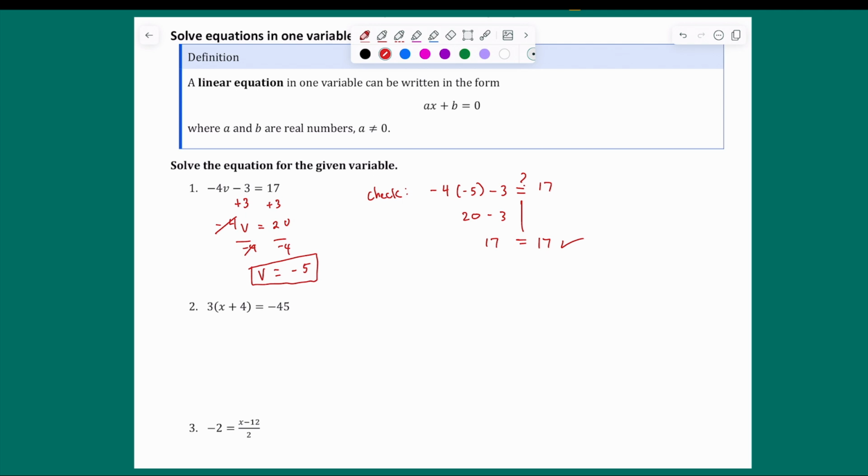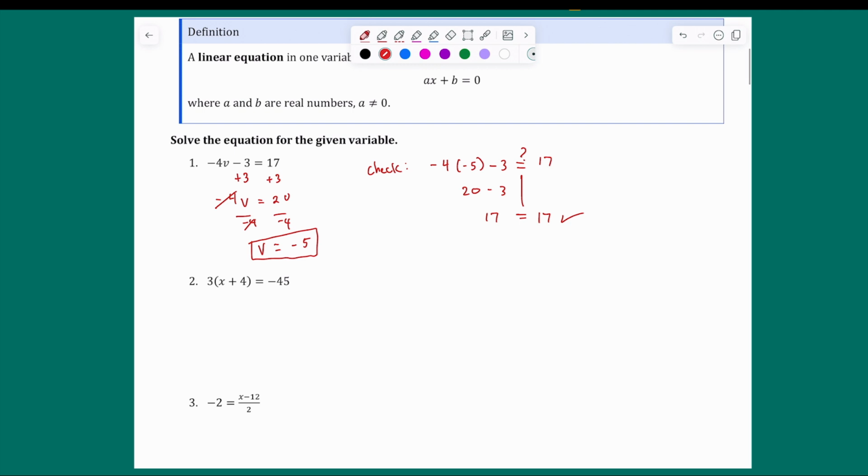All right, number 2 here, we have a little work to do before we start isolating. We always want to simplify each side of the equation first before we start manipulating the equation to get x, or the variable, by itself. On the left-hand side, we have 3 times the quantity x plus 4, so we're going to have to distribute. We get 3 times x, which gives us 3x, and then we distribute the 3 again, times the 4, to get 12.